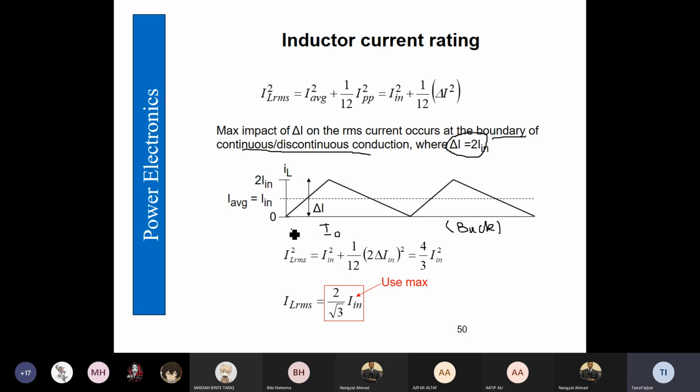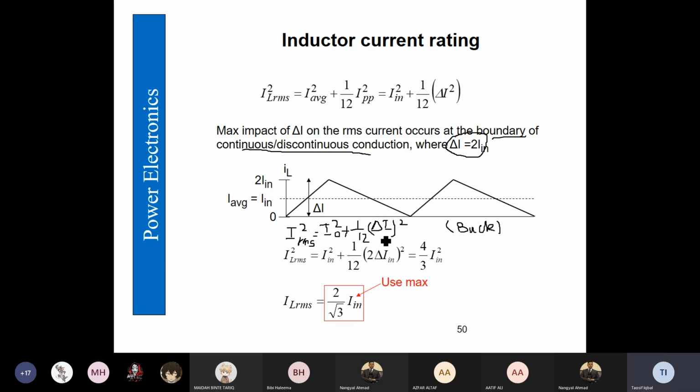The RMS current was the sum of the average, which is the output current, and 1 by 12 times the peak to peak ripple, delta I, squared.